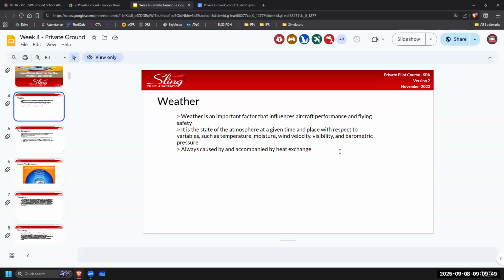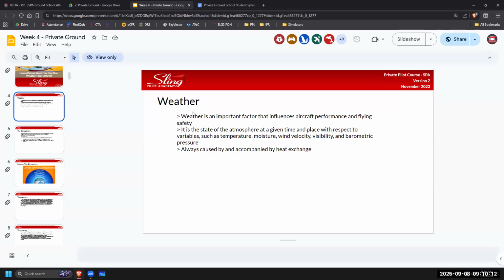Big overlying understanding of weather theory that we have to know is weather is always caused by heat exchange. Bold that, highlight it, whatever you need to do in your notes. Weather is caused by a heat exchange. That's our big overlying idea today.